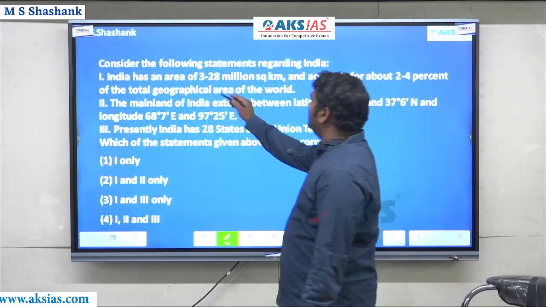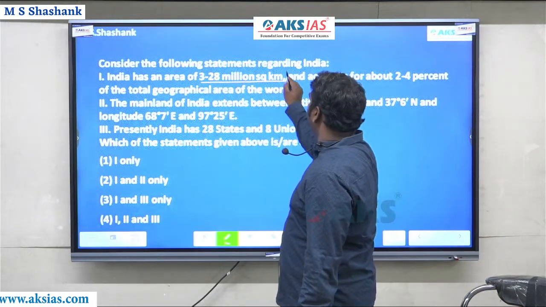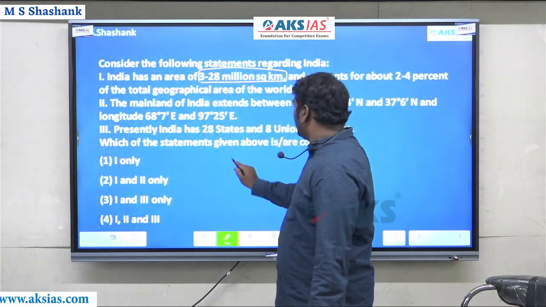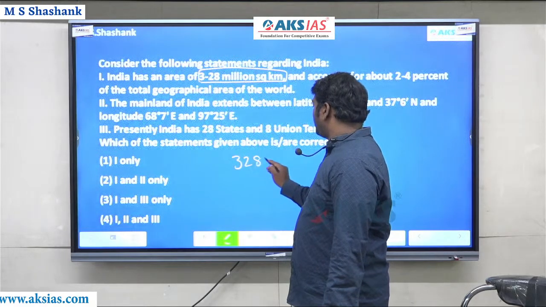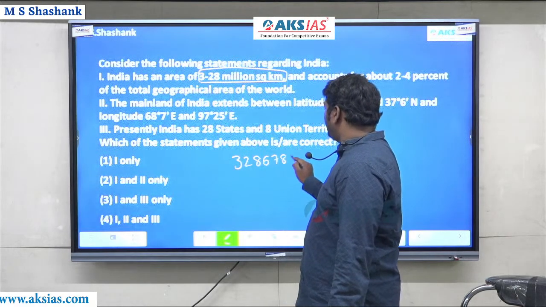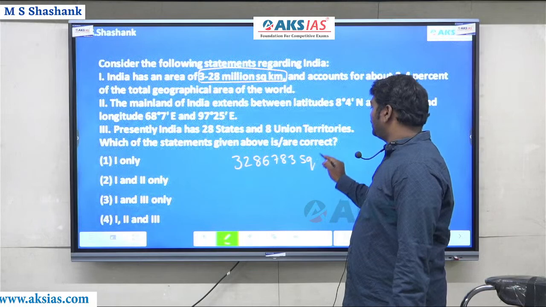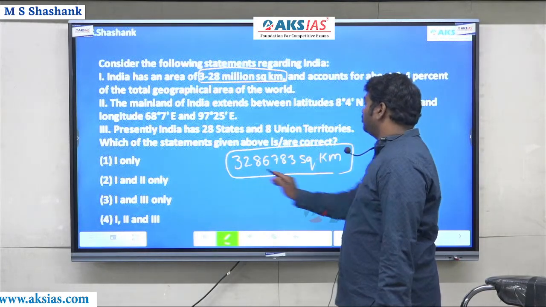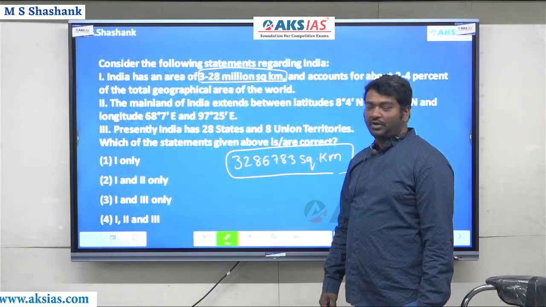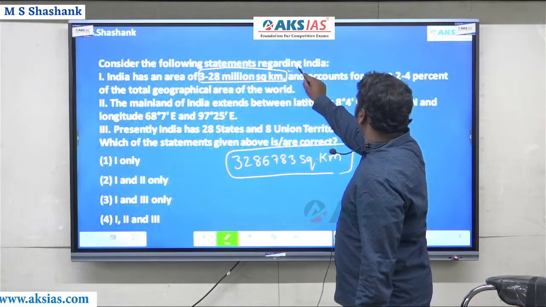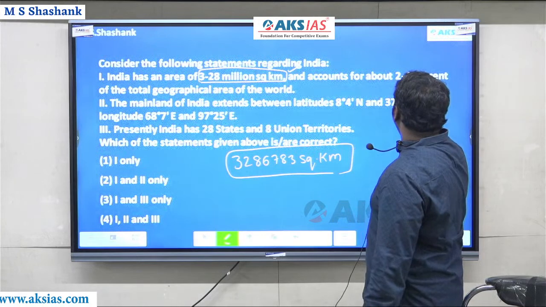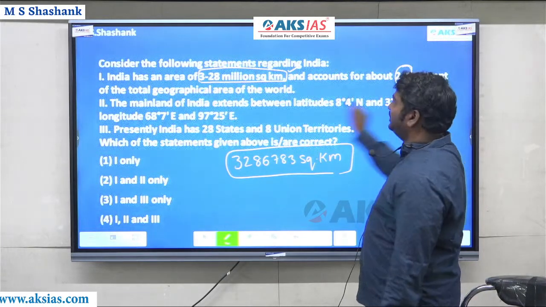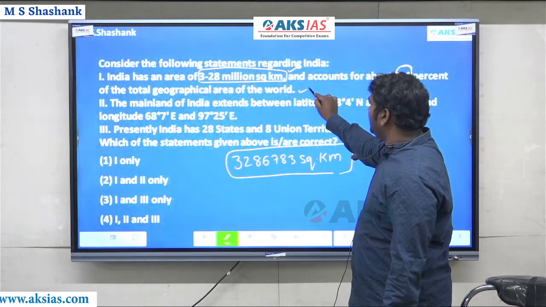India has an area of 3.28 million square kilometer. 3,287,263 square kilometer is the actual one, but they have given 3.28 million. So the statement is right and accounts to 2.4% of the total geographical area of the world.